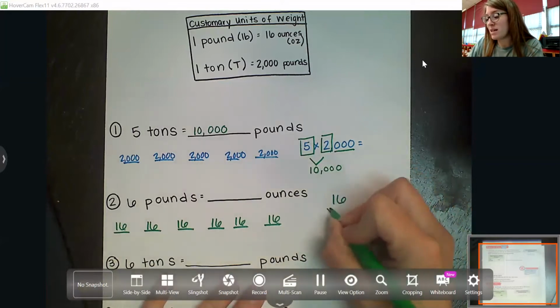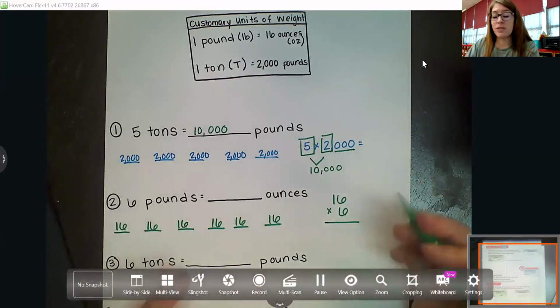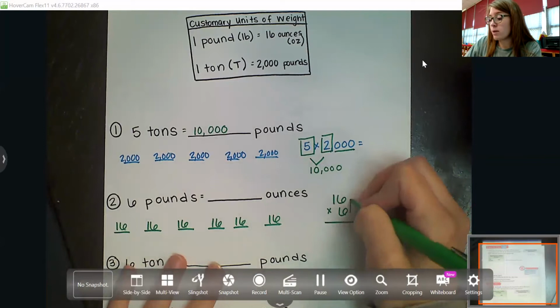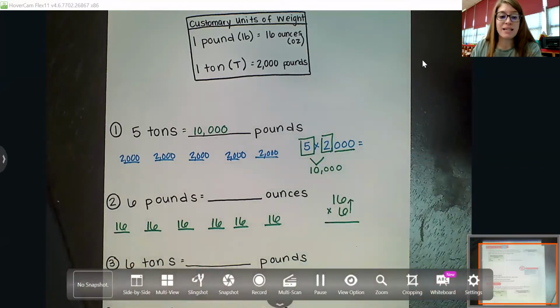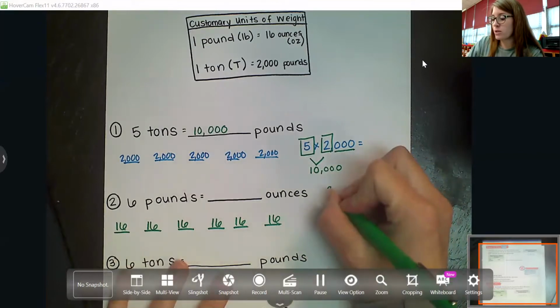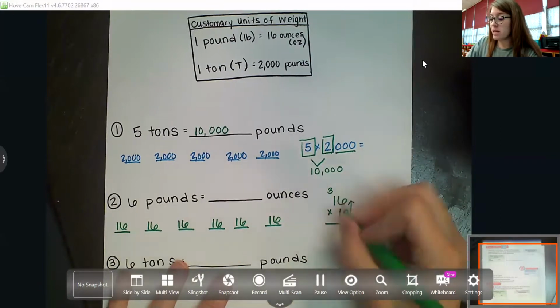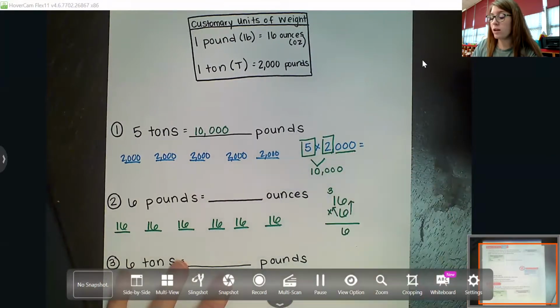So 16 times 6. Remember, when we're multiplying like this, we're always going to multiply 1's place times 1's place first. 6 times 6 is 36. Very good. That 6 goes down here, and the 3 is going to come up regrouped above this 1. Then we're going to come back down to the 6 and multiply 6 times 1, which is 6.